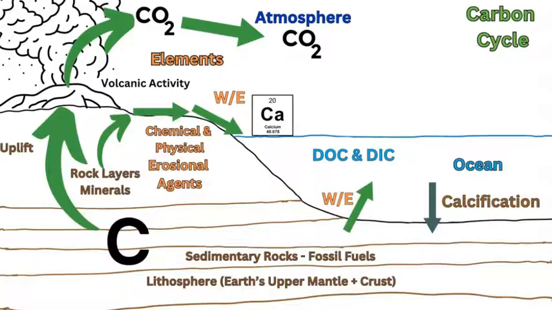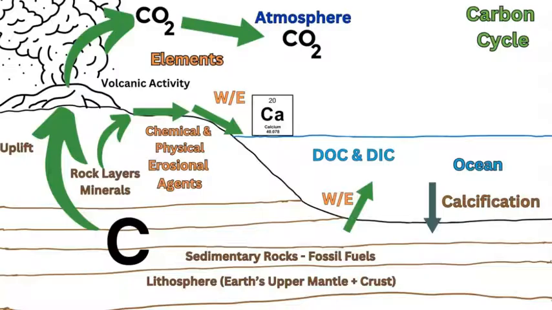But the main rocks are sedimentary, and this is where the majority of the carbon is stored, through the carbonate mineral group within those sedimentary rocks. And the cycling of this carbon: the main carbon storage sink is the rock layers, and once it's there, it can be transferred and allocated through the system, through the cycle, through the soil, through the biomass, through the atmosphere, and eventually also through the oceans, and then back into the rocks through a process called calcification and sedimentation, the forming of sedimentary rocks.